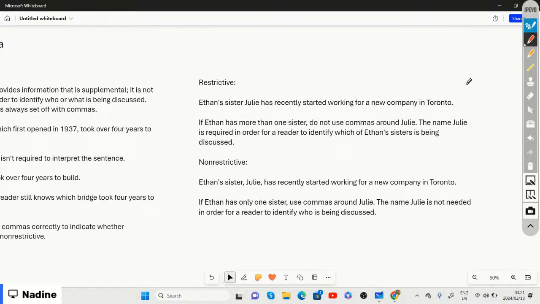And if Ethan has only one sister, we use commas around Julie. The name Julie is not even needed in order for a reader to identify who is being discussed, because then we could have just said his sister. If he only had one sister, we could have just said Ethan's sister has started a new job in Toronto. But if he's got more than one sister, we need to say that Ethan's sister, Julie, has started a job in Toronto.